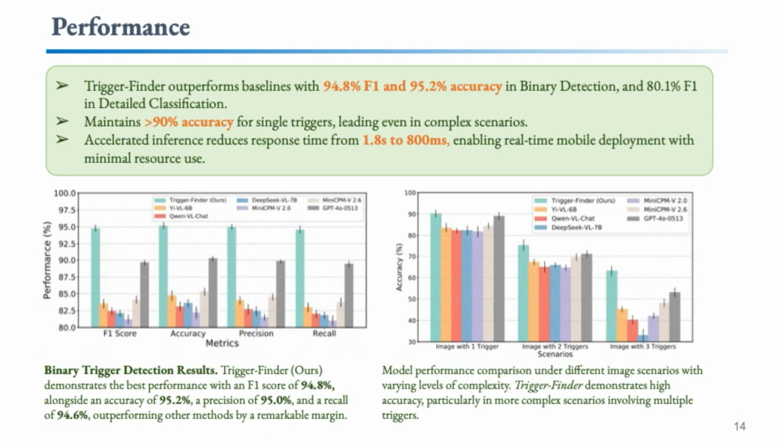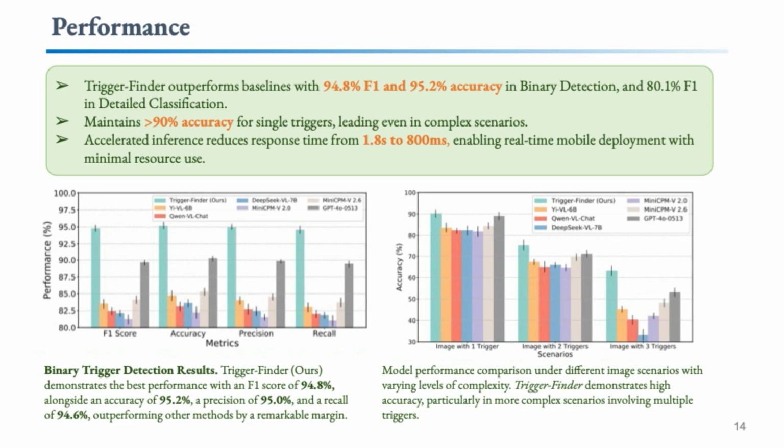And we use leave-one-out cross-validation across different biosphere types to ensure that our model can generalize well to completely unseen scenarios. And here's our performance. Our model demonstrates strong performance. In the binary trigger detection task, which is to decide whether there's a trigger present in the image or not, we achieved over 95% accuracy and F-score.